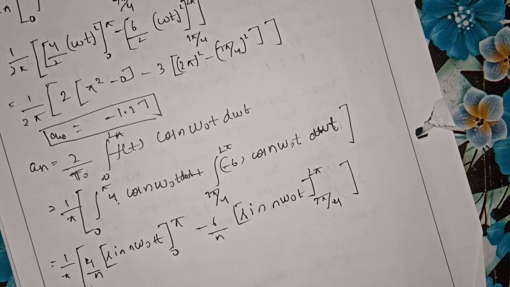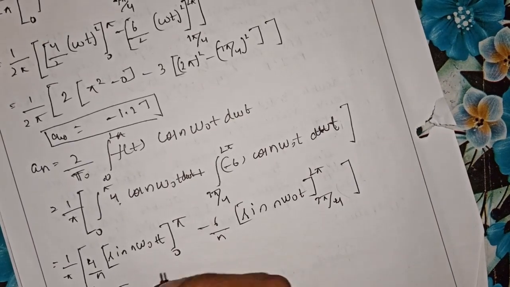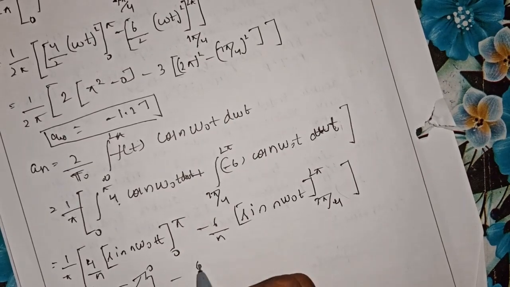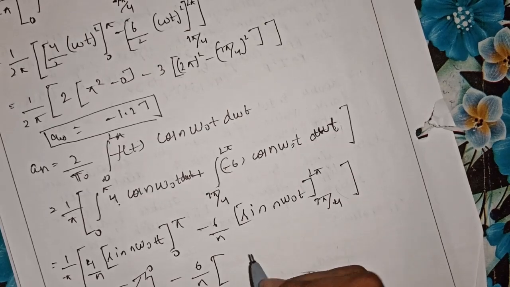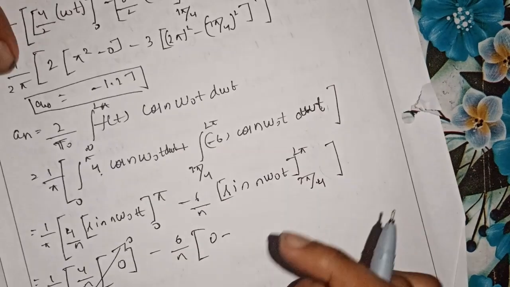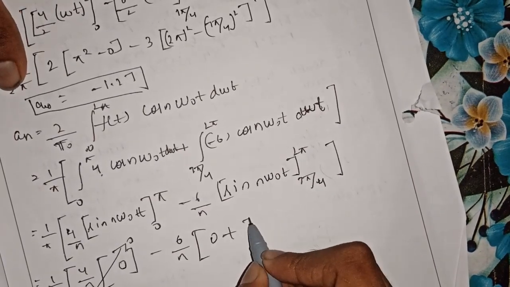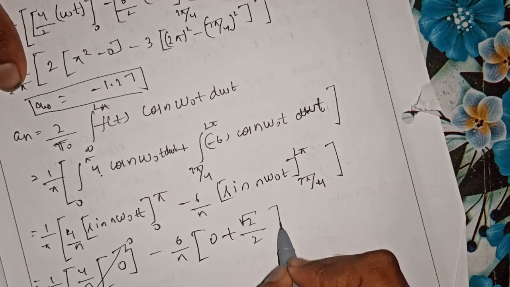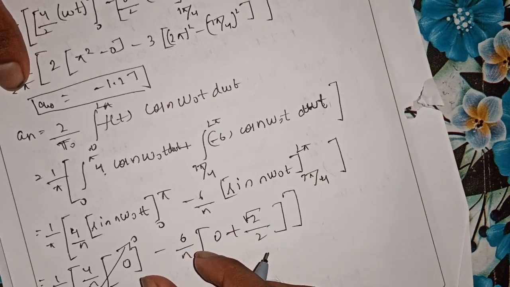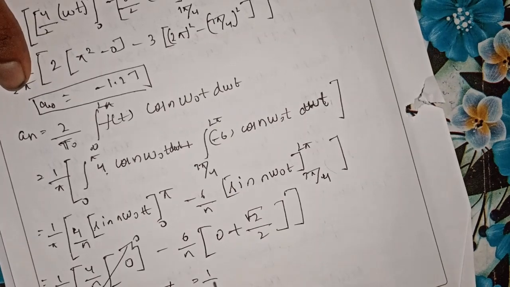Substituting those values, that is 4 by n, and sin n pi is obviously 0, and sin 0 is obviously 0, so the whole term is 0. Minus 6 by n, sin 2n pi will give a value of 0, because for any integer n, sin of n pi is 0.